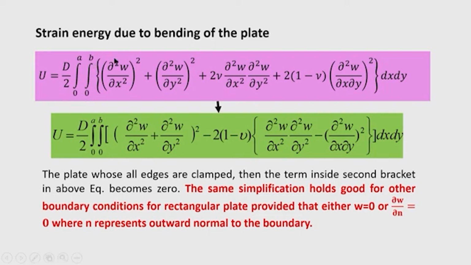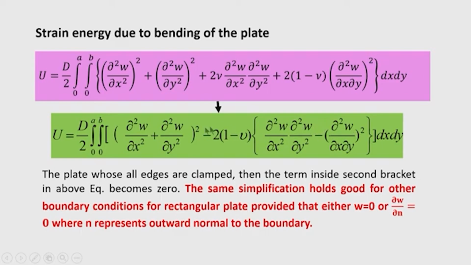Okay. Now, adding a quantity 2 into del square W del x square into del square W del y square and subtracting the same quantity from this expression, we can arrange this expression in this form: (del square W del x square plus del square W del y square) whole square minus 2 into (1 minus mu) into [del square W del x square into del square W del y square minus (del square W del x del y) whole square].